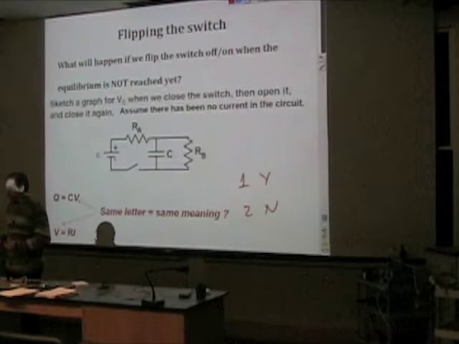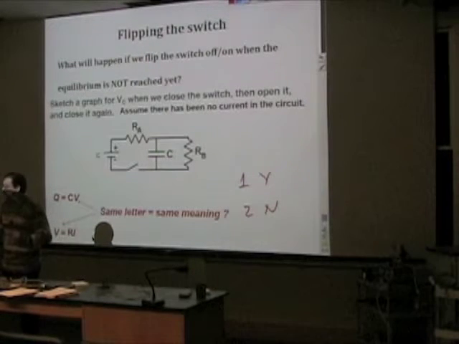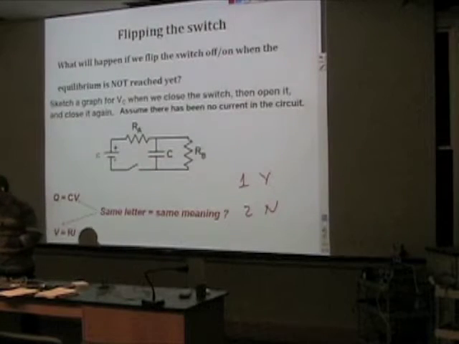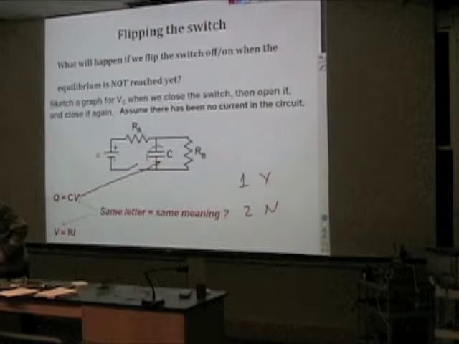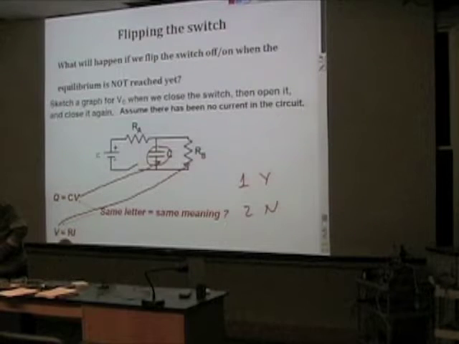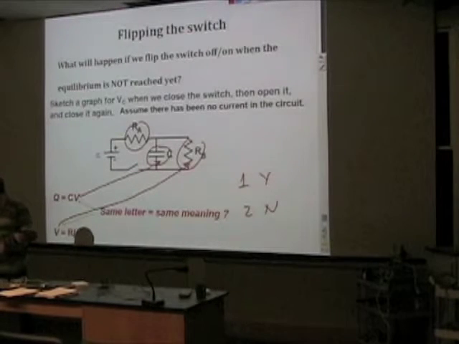But if we say that one variable can be used only when we relate the charge and the capacitance, so this variable cannot be related to a resistor, it's related only to this capacitor, and another variable cannot be related to a capacitor, it can be related only to resistors, in that case, no. So, I tricked you.